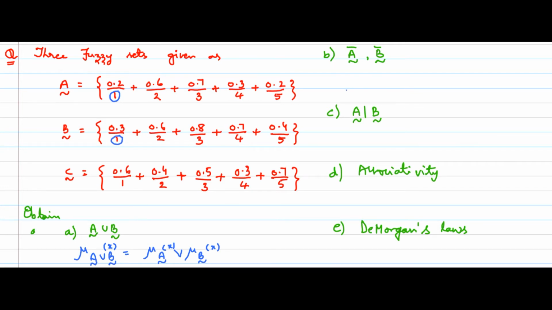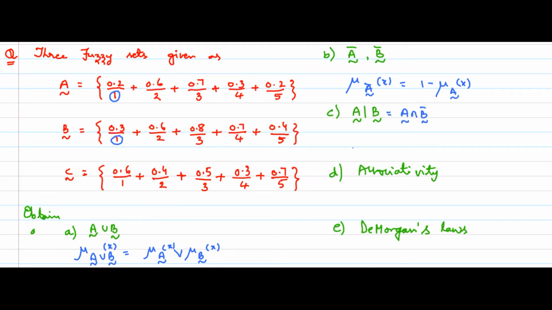For the B bit, let me write only for A bar. So we need to write in membership type of thing. It is A bar and this is for a particular element x: mu A bar of x is equal to 1 minus mu A of x. Now coming to A difference B, this can also be equal to A intersection B bar.